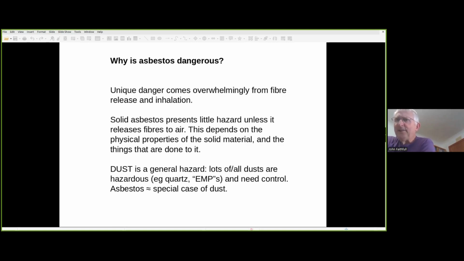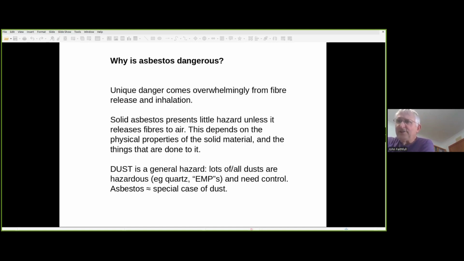And in some ways, I think it's very useful to think of asbestos as a kind of special case of dust. Almost all forms of airborne dust are a hazard. Elongate mineral fibres, EMPs, is a new one, but also wood dust, MDF dust, coal dust, and increasingly in the UK, at least certainly, quartz dust is becoming really quite highly regulated, because I think a lot of issues are arising from still saw and dry cutting of quartz-rich composites and kitchen materials and so on.